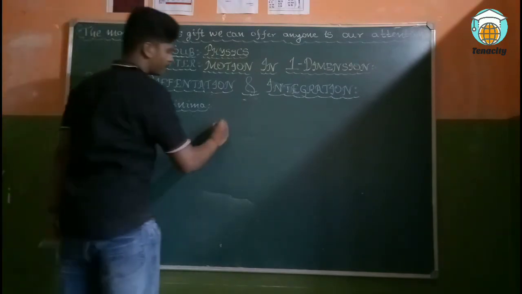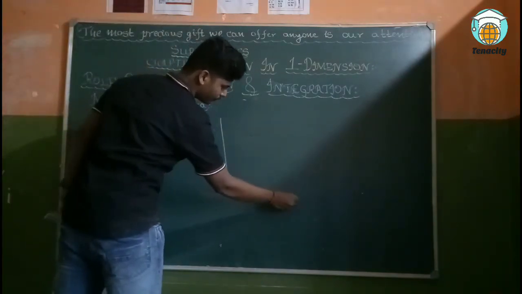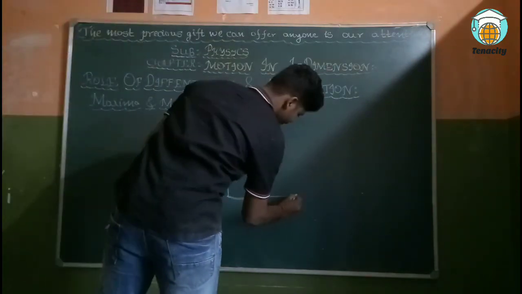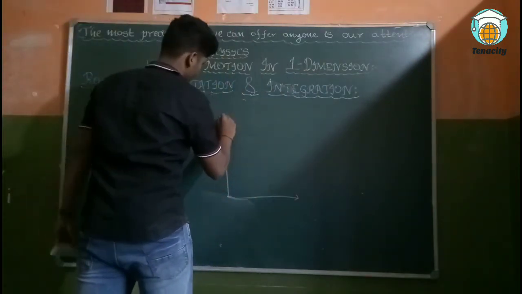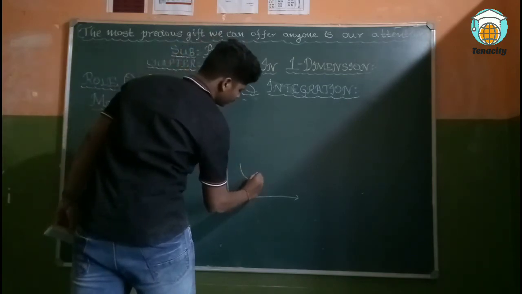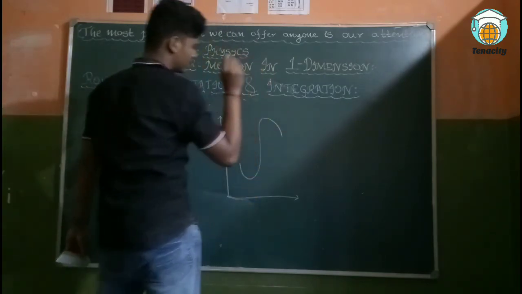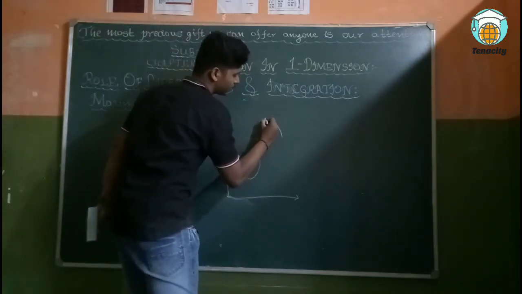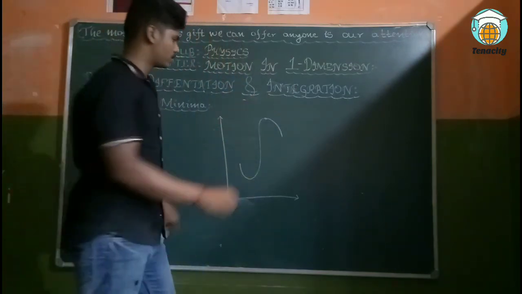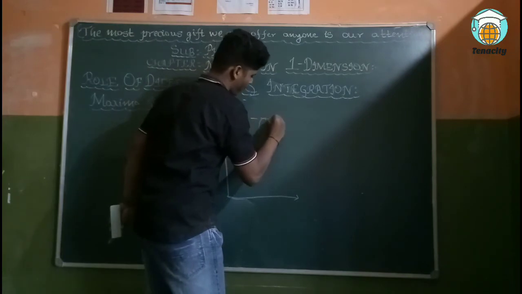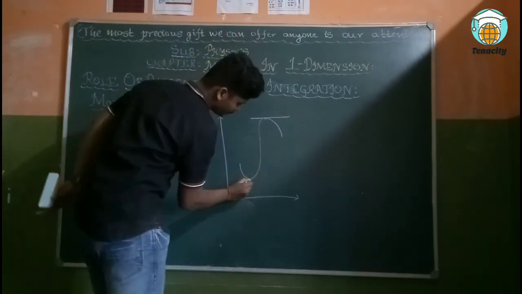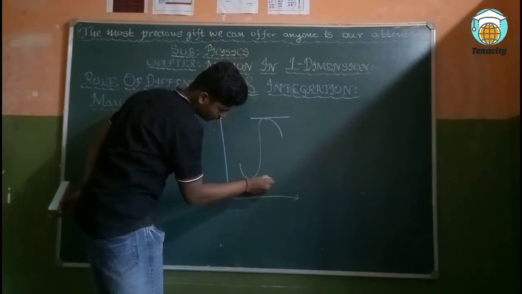Suppose we draw a graph and I draw a path like this. So the maximum value is this, of this curve, and the minimum value is this.